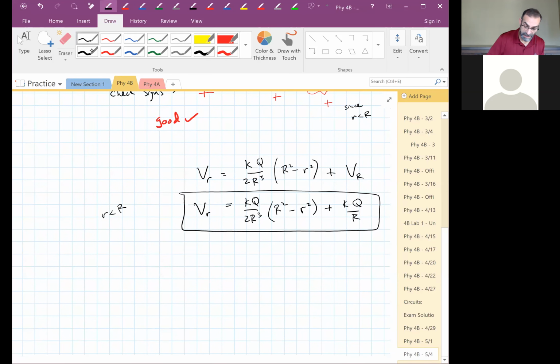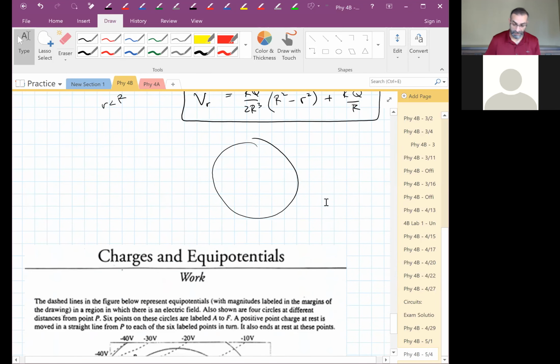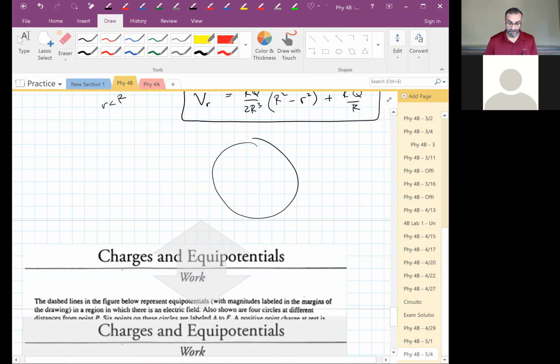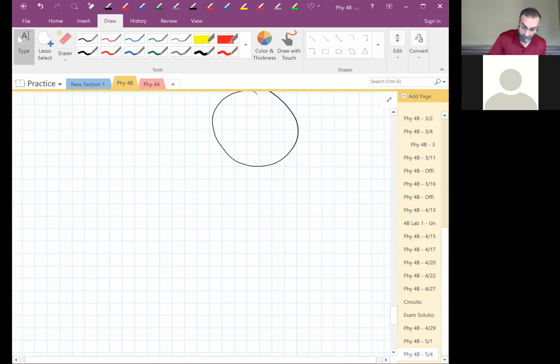Now, we could plot this if we wanted to. This is a tricky one to plot. There's our charge distribution. Here's our electric potential.